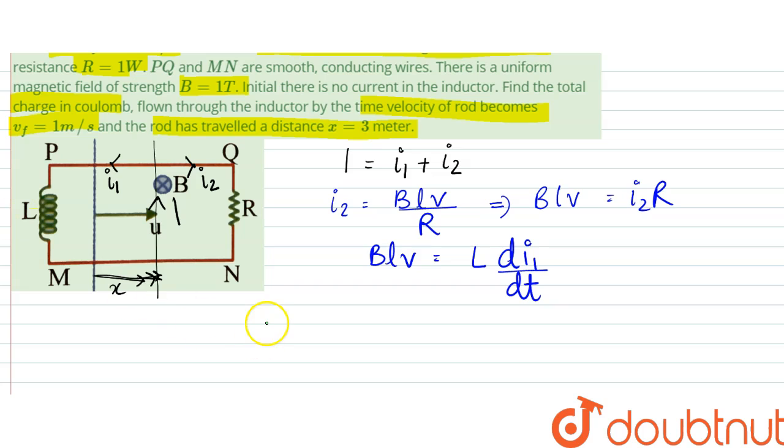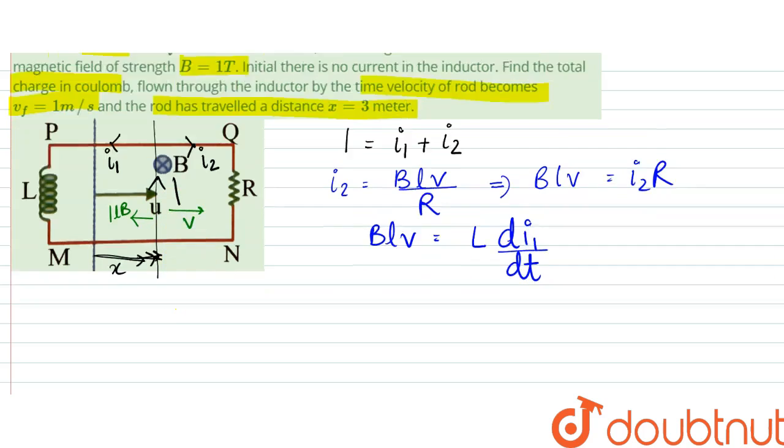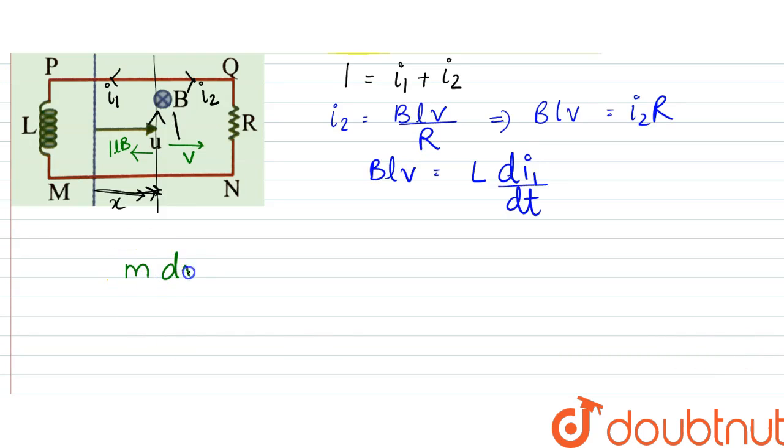Since there would be a force here, that is ILB in this direction, and the velocity is in this direction, what we could say is that m dv by dt would be equal to minus ILB, which is equal to minus (I1 plus BLV by R) into LB.